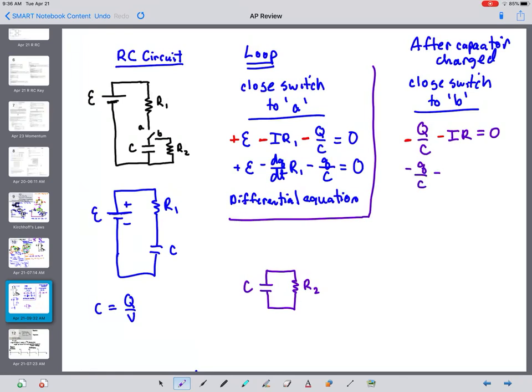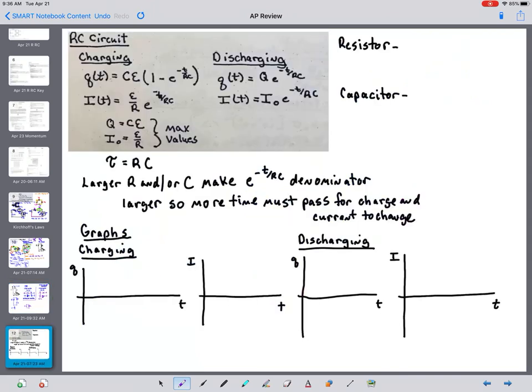I would go negative Q over C minus dq/dt times R equals 0. And again, this is your differential equation that you would use to solve for Q of t and then subsequently an I of t equation.